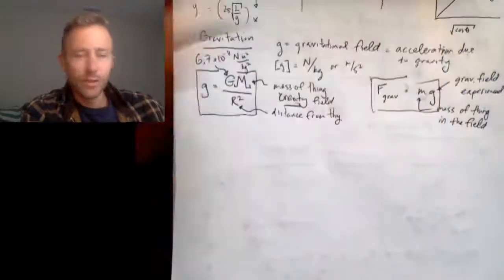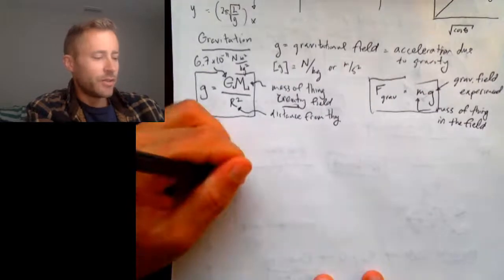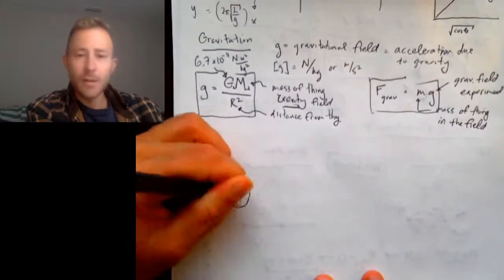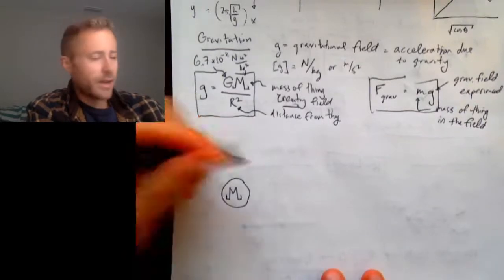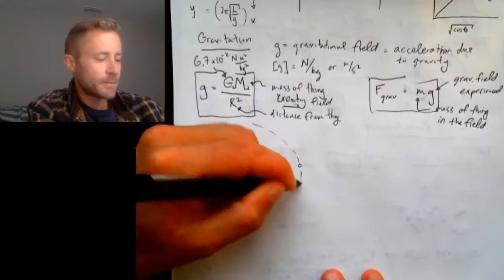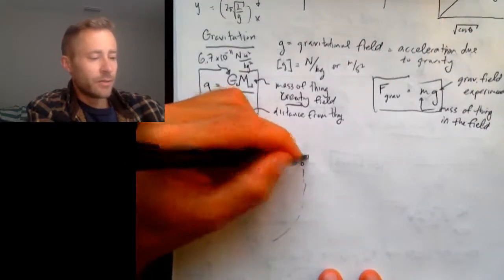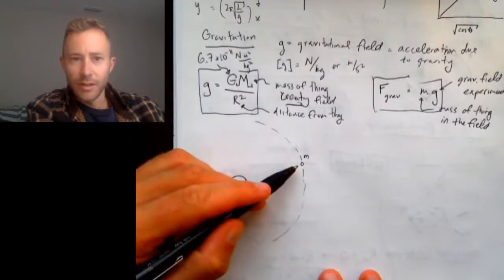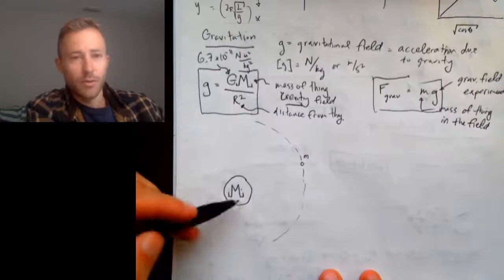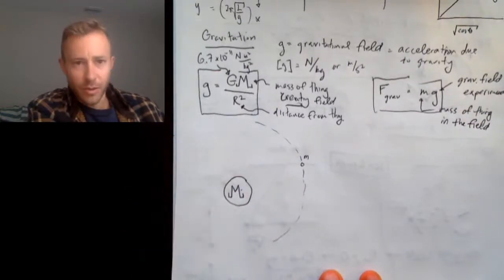So what we can do is we can imagine that there is a central body, big M. And then that central body has a satellite. That satellite is little m. So the satellite is the thing experiencing the gravitational field from the star, or from the planet, something like that.